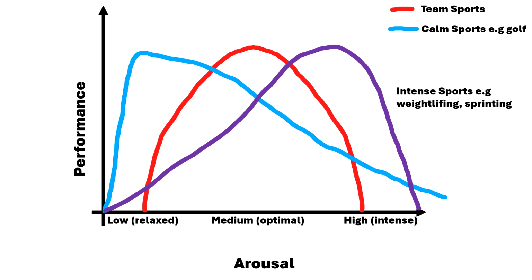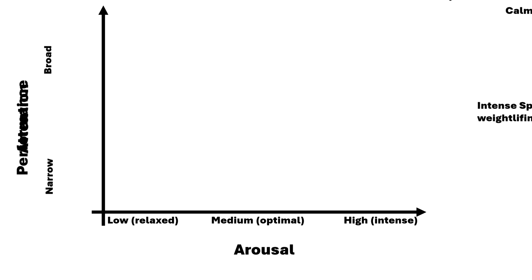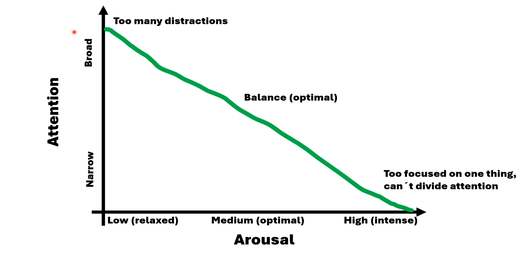Now, let's look at arousal and attention. So starting with attention, we'll see that this represents narrow attention, focusing on one thing or two, and broad attention, focusing on a lot. So if we're focusing on a lot of things at the same time, because the arousal is low, when your arousal is low, you can focus on a lot of things, right?